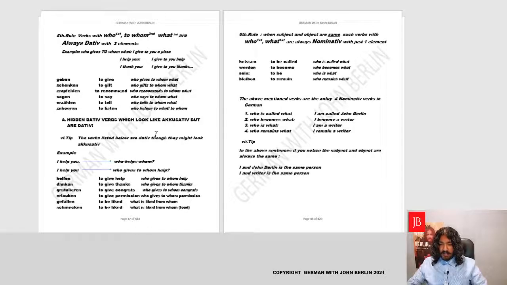For now, we have learned nominative verbs, accusative verbs, accusative dative verbs, and hidden dative verbs. Now we'll be doing the last sort of verbs. Let's see what they look like. Heißen means to be called. I am called John Berlin. So basically, who is called what?